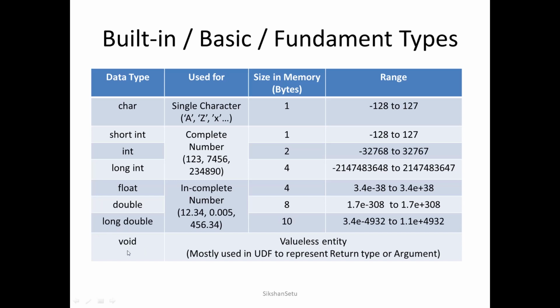Void is basically for valueless entities, and it is mostly used in user defined functions to represent a return type or argument. When any function will not return anything, it can be represented by void. If any function is not taking any argument, it can be represented by void. Void means it is nothing, it is zero. So these are some built-in or basic data types.